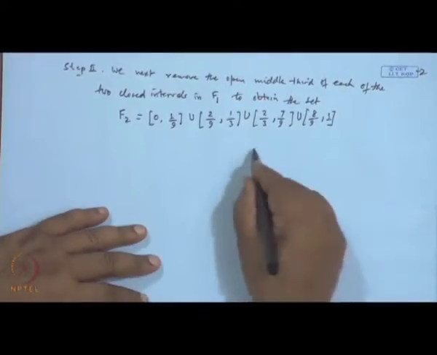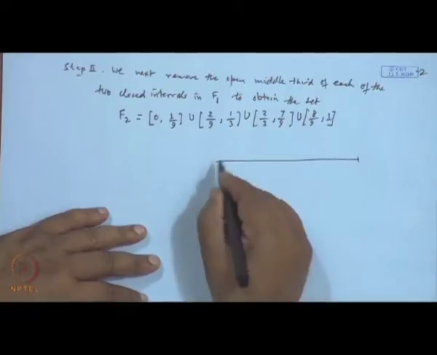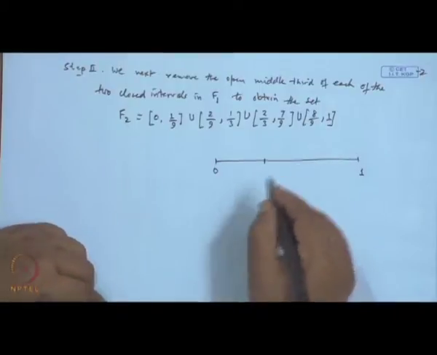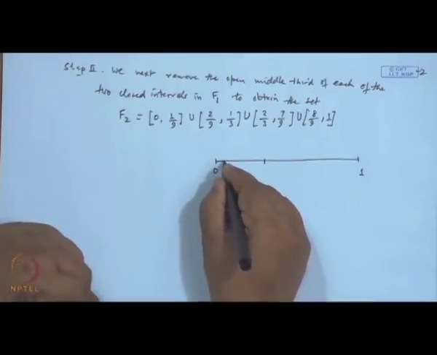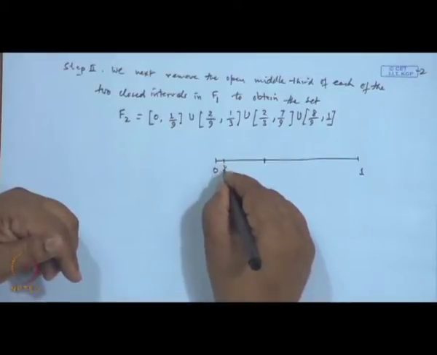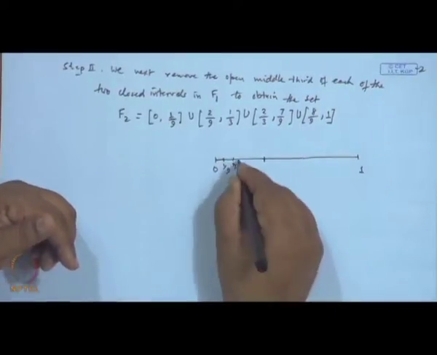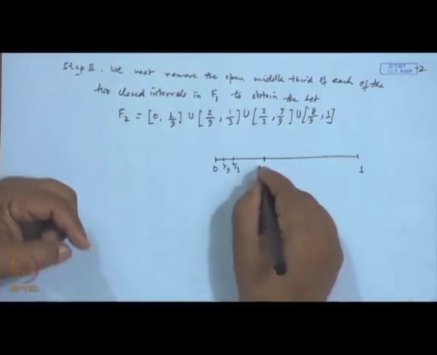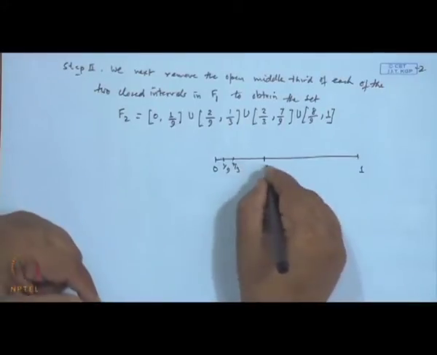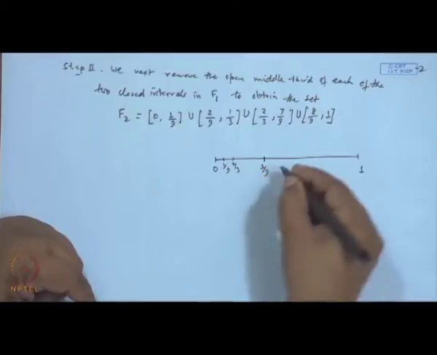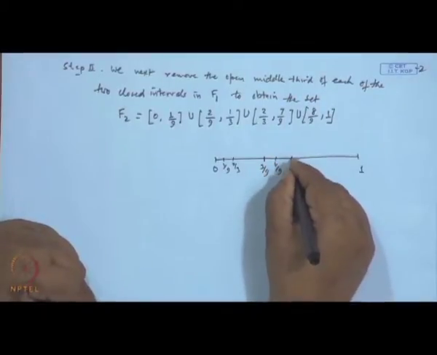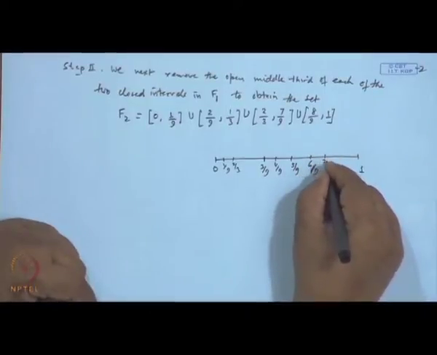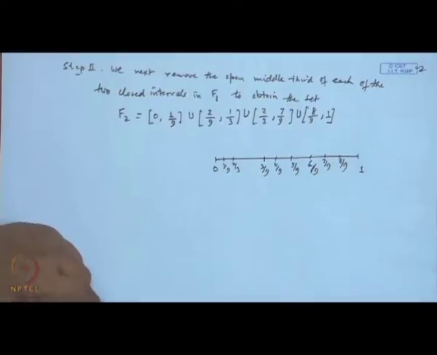Basically, if I have [0, 1] with points 0, 1/9, 2/9, 3/9, 4/9, 5/9, 6/9, 7/9, 8/9, then the portion between 1/3 and 2/3 was already dropped, and in the remaining intervals we drop the middle portions.